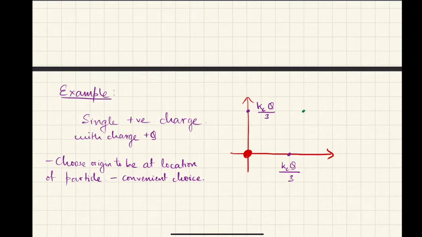Suppose I have a single positive charge sitting right at the origin over here. Now, this choice of origin is kind of arbitrary. You can put the origin anywhere. It's just very convenient to place it exactly where the charge you're interested in is. If I want to calculate the electric potential of a particular charge, then it's best to place the origin at that point.